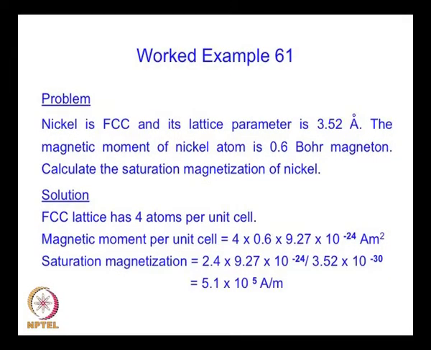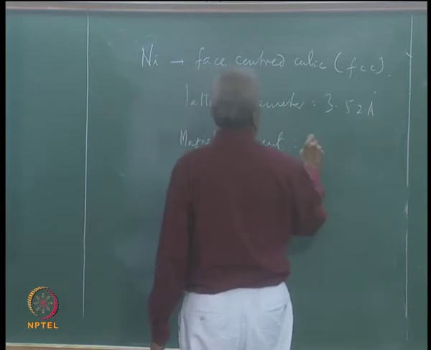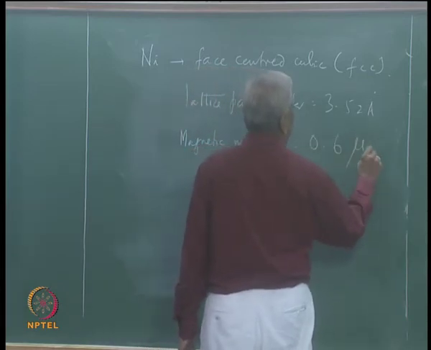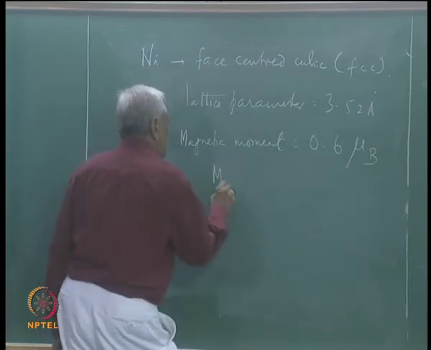The magnetic moment of the nickel atom is 0.6 Bohr magneton. So, we are asked to find the saturation magnetization.